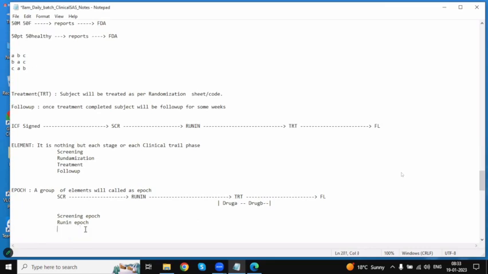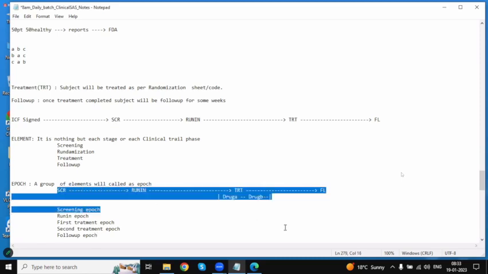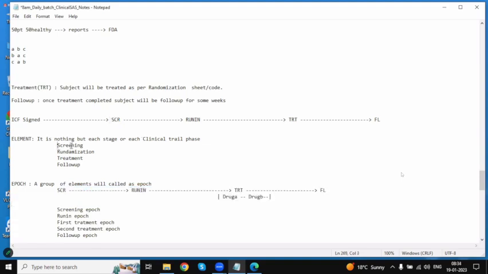Or else first treatment epoch or second treatment epoch? And follow-up. So all together we call it an epoch. Each stage is one element.